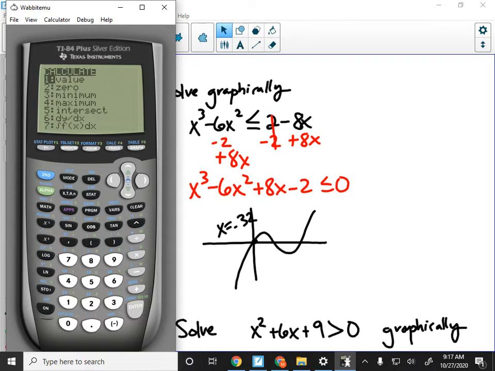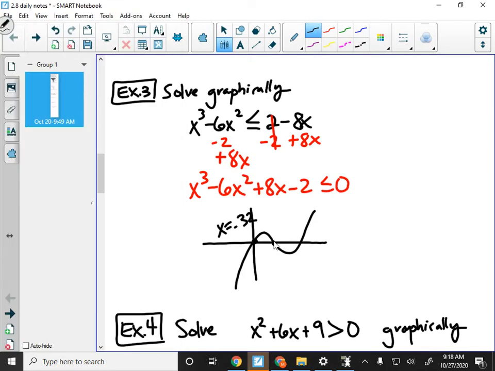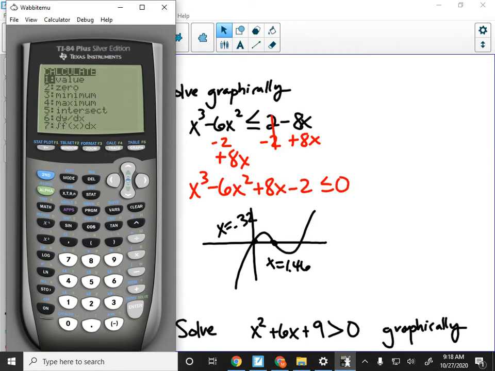My next zero is at 1.46. So I can calculate zero, and my last zero is at 4.21.